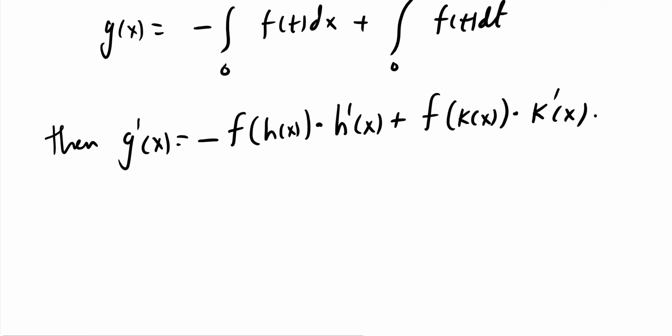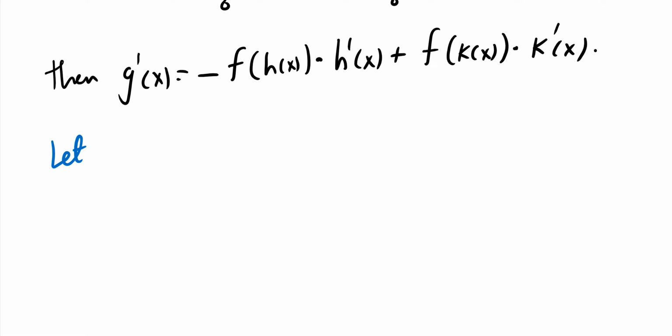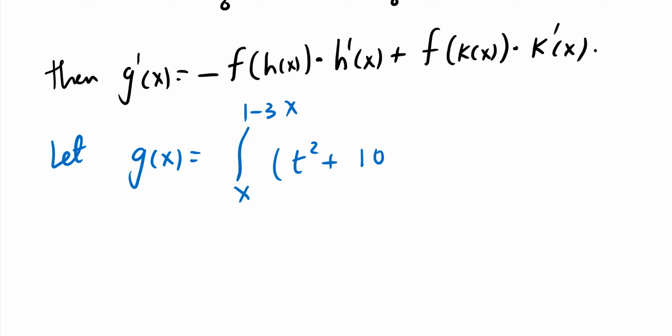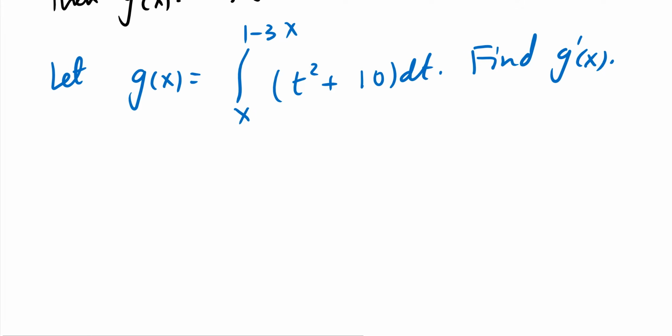So if we look at an example, let g of x be the integral from x to 1 minus 3x of t squared plus 10 dt, and we are asked to find g prime of x. What is g prime of x? Well, notice the bounds: it doesn't start with a constant bound.